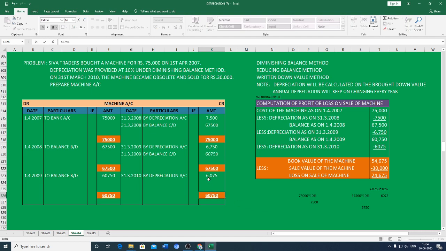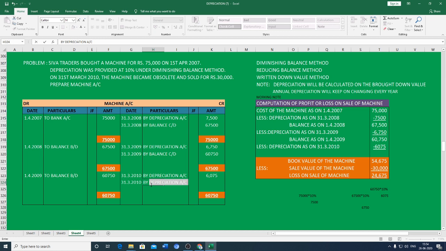Understood? Now the balance we cannot write. Why we should not write balance? Because we are selling it now. We are going to sell this asset on 31st March 2010 as per the question. After utilizing it for 3 years, that means up to 31st March 2010, we have utilized it and we are selling it as it became obsolete.